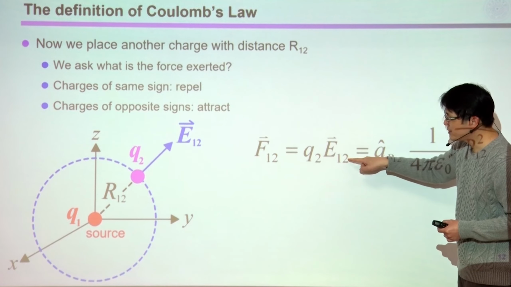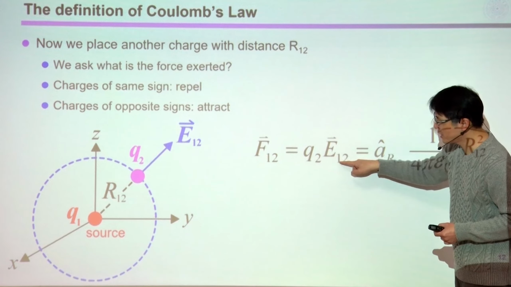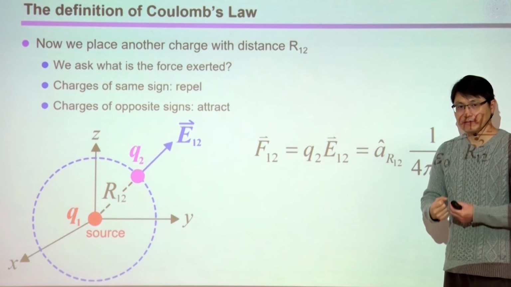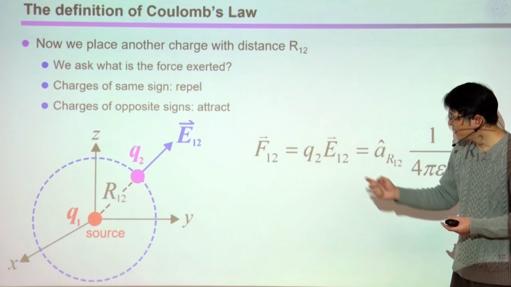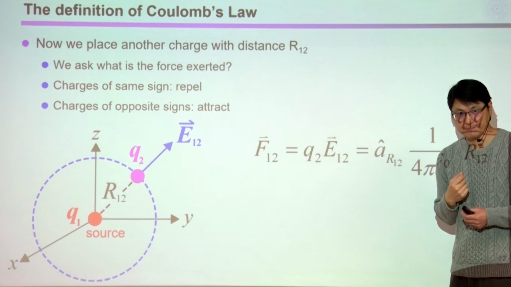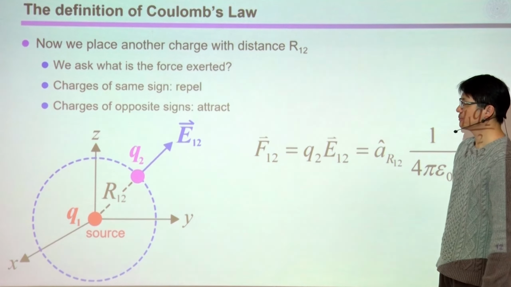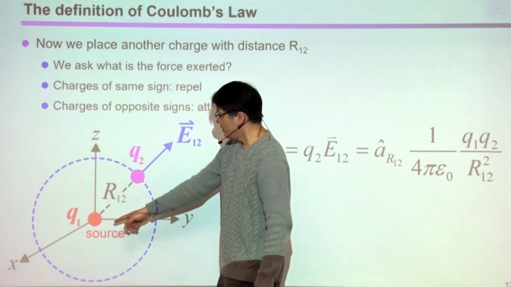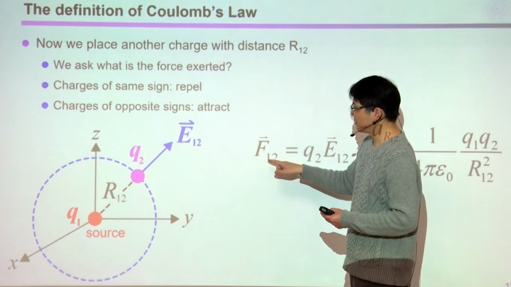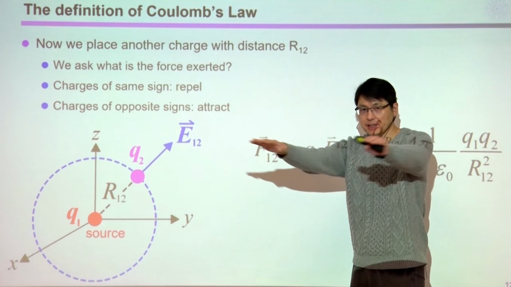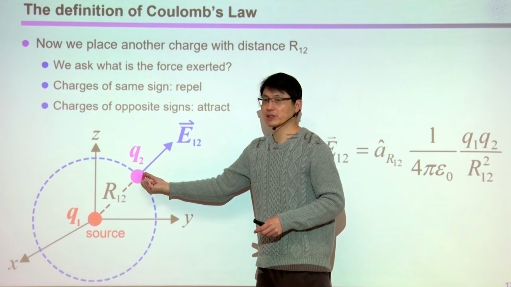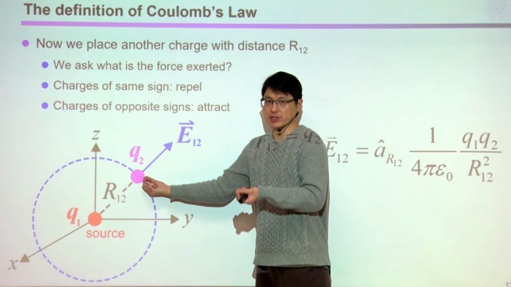So E12 means the first charge is accounted for the field distribution. And this 2 is only to give the charge. Okay? So when you write F12, you understand charge 1 is setting up the field distribution.